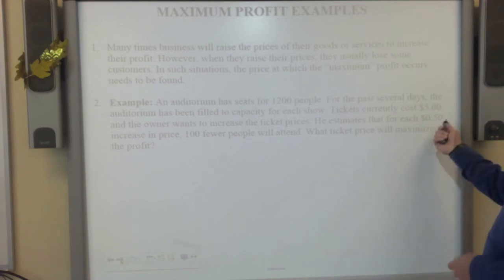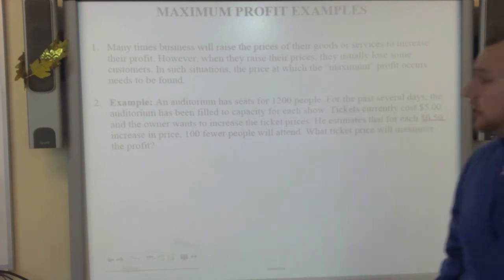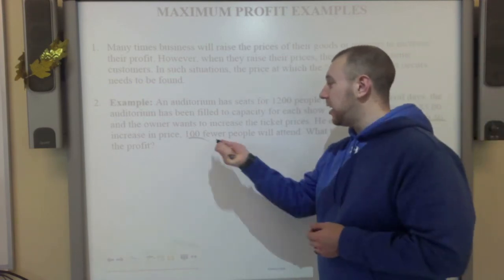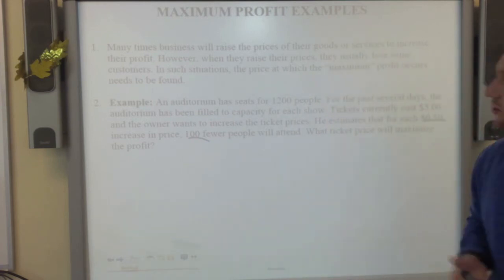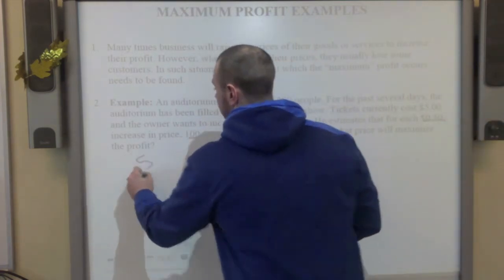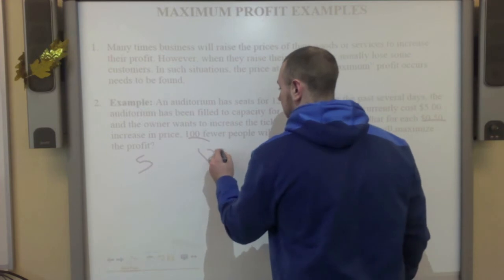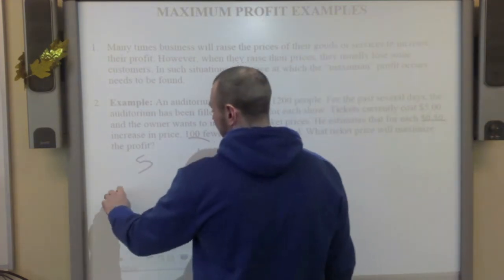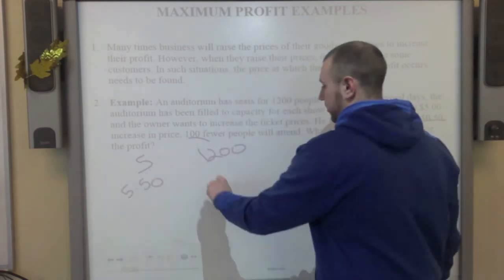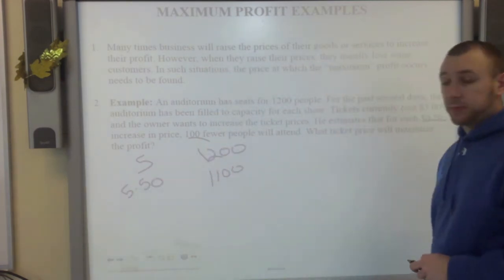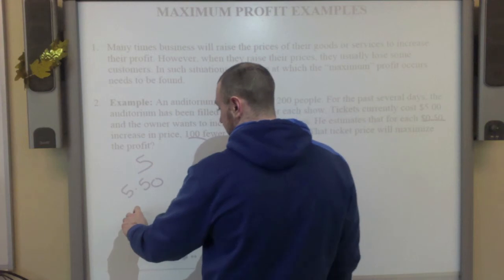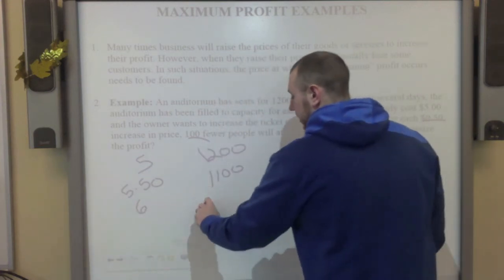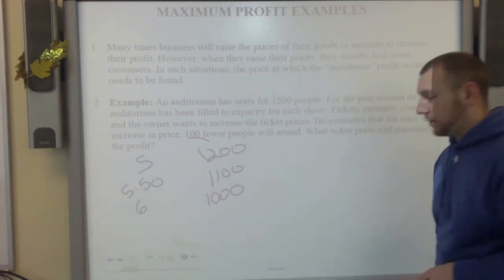So for every 50 cents increase in price, they're going to get 100 fewer people. So right now, it's $5, and they seat 1,200 people. Well, if they increase it 50 cents, then they would only get 1,100 people. If they increase it another 50 cents, that's $6, and that's 1,000.